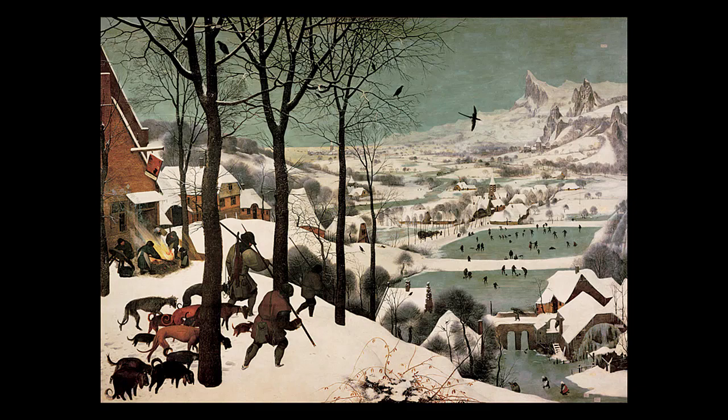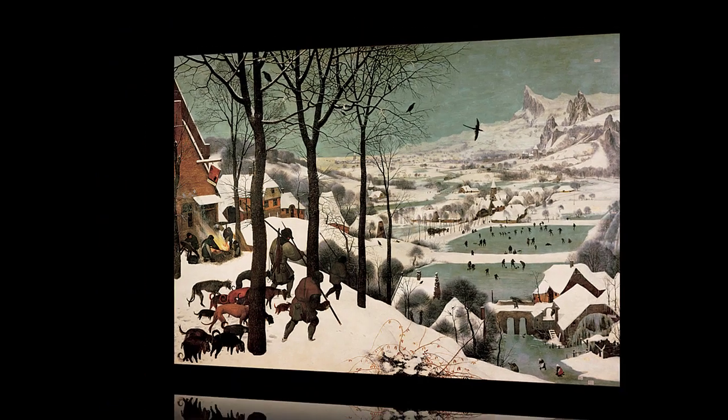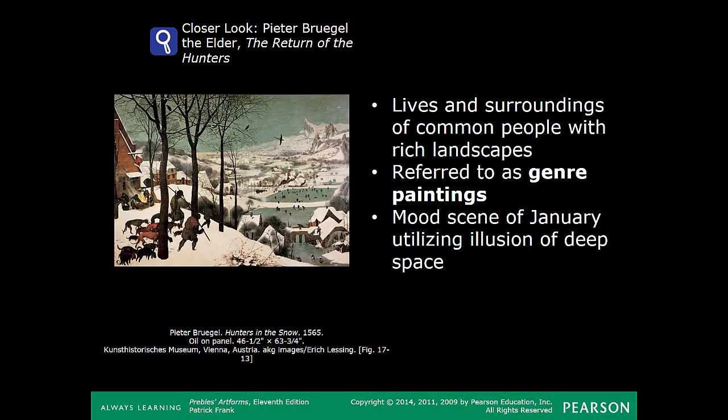And we have a scene of men hunting. A very nice portrayal of perspective happening to create depth. And again, from the Renaissance, even in Northern Europe, such a high progression when it comes to capturing form.